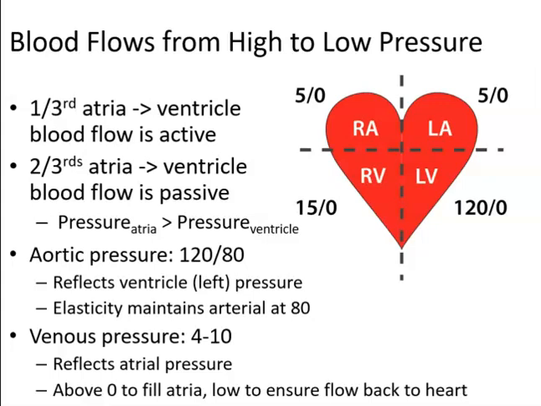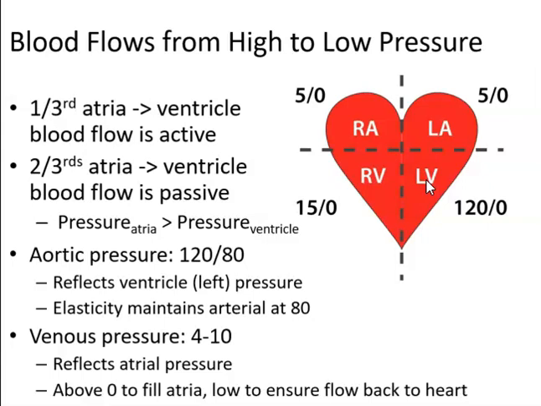When we talk about blood pressure, what we're really talking about is aortic pressure, or pressure within the aorta. Notice that the systolic pressure within the aorta is just the same as the systolic pressure in the left ventricle, because basically the left ventricle is the structure just before the aorta.